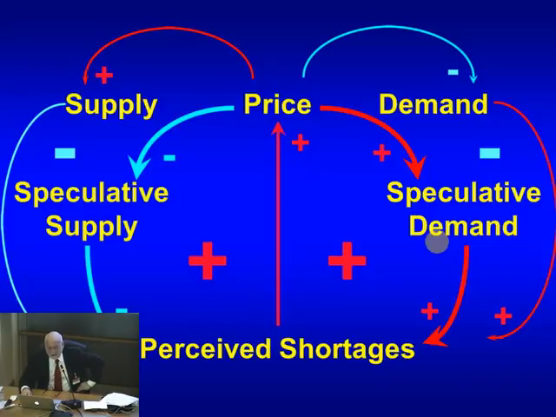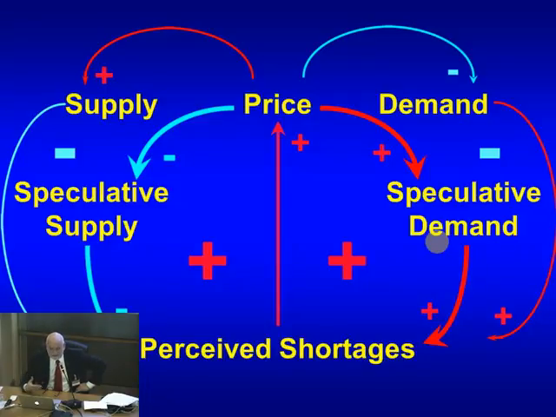On the other hand, when prices go up, speculative supply would go down in the commodity market, because people will retain what they have and say, I don't want to sell this house because it now increases in value. So they will keep it to themselves. I don't want to sell my gold, it's increasing in value.